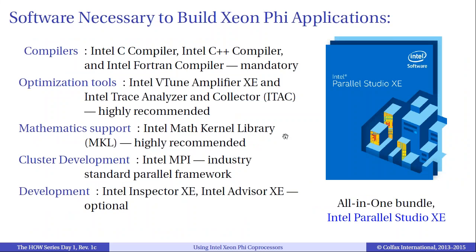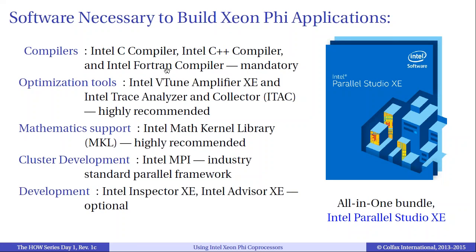Besides MPSS, if you want to develop applications for Xeon Phi, you will need a compiler capable of producing code for it. To the best of my knowledge, the only compiler that does it for the first generation of Xeon Phi is the Intel compiler, and Intel makes C, C++, and Fortran compilers with support for the Xeon Phi architecture.